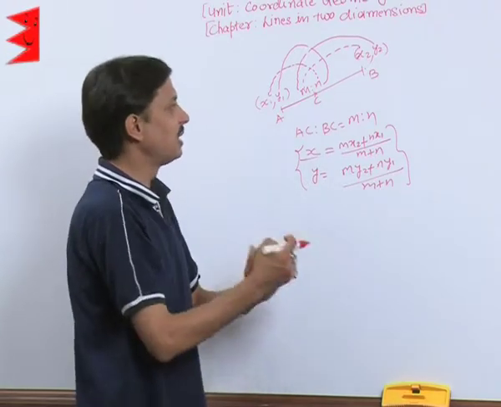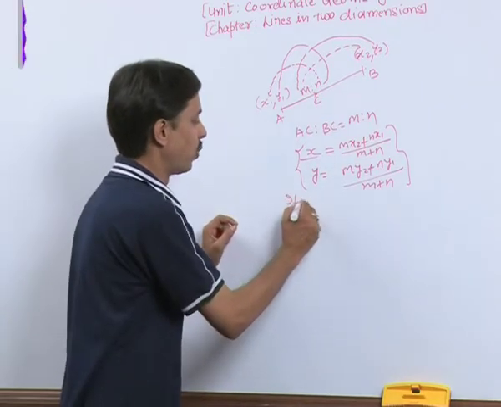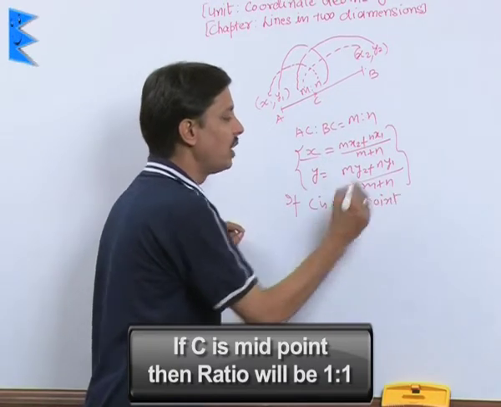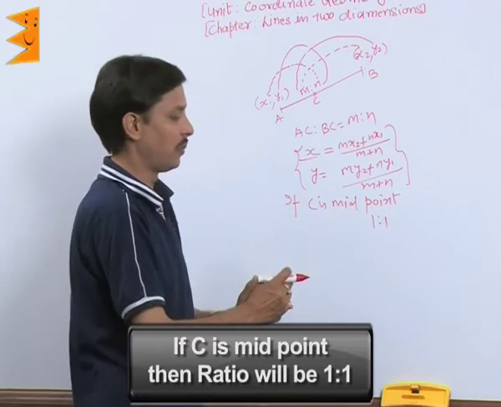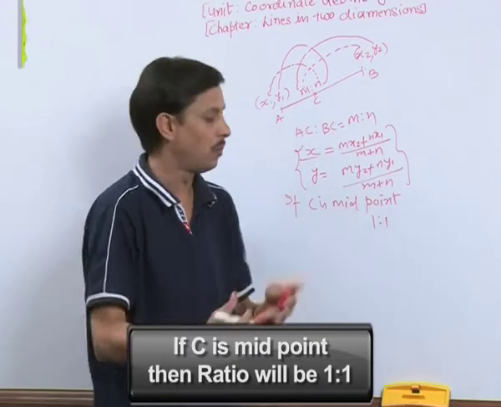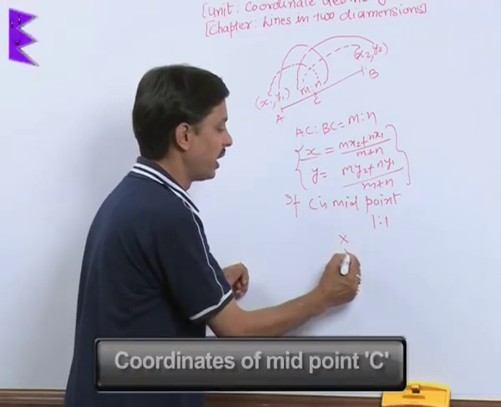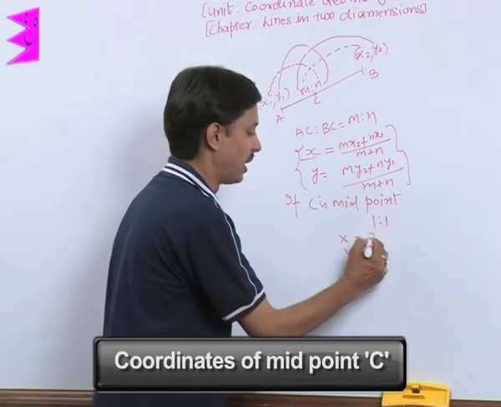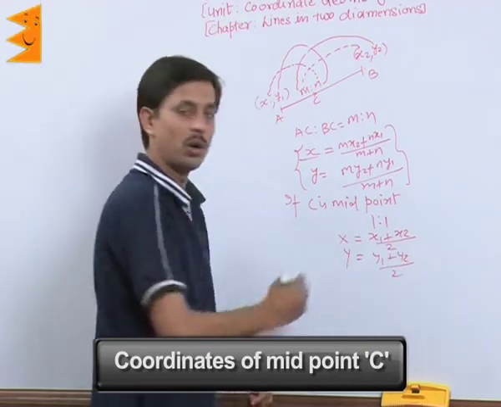If somebody says this C is a midpoint, then what is the situation? If C is the midpoint, then we take the ratio as 1:1, because both the parts AC and BC are equal and their ratio will come out 1:1. Then the coordinates of point C, or in other words the coordinates of the midpoint, are given by x1 plus x2 upon 2 and y1 plus y2 upon 2.